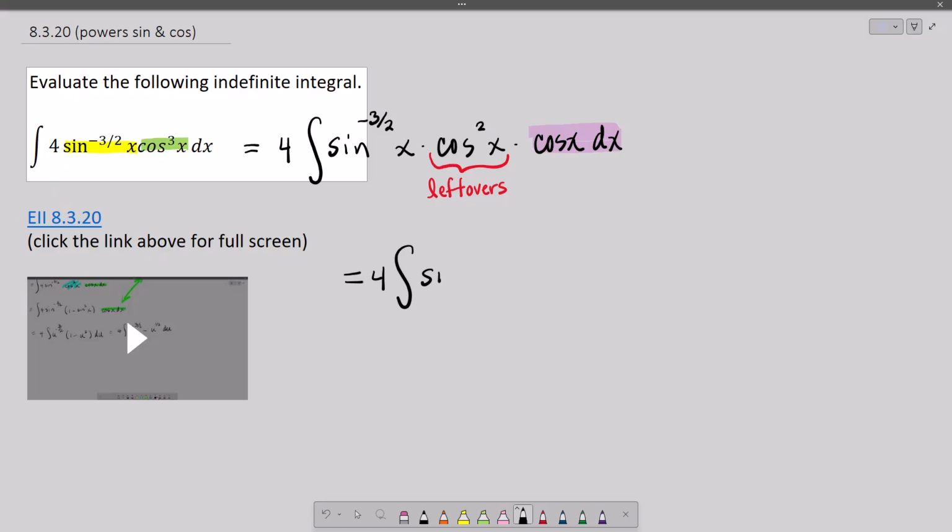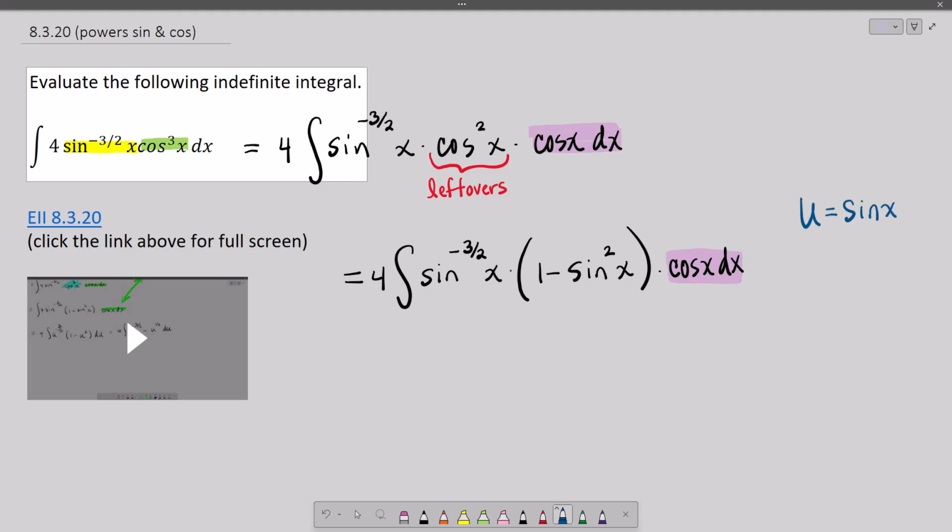So we'll have 4 integral sine to the negative 3/2 x cosine squared is 1 minus sine squared. And then we have this cosine x dx, which we're thinking of as waiting for u substitution. So we'll let u be sine. And then du is cosine of x dx.